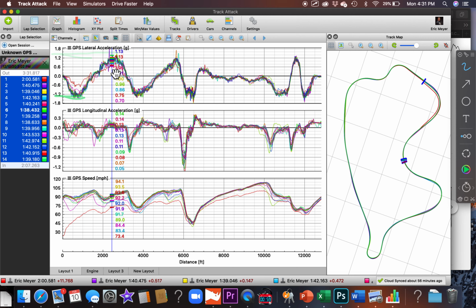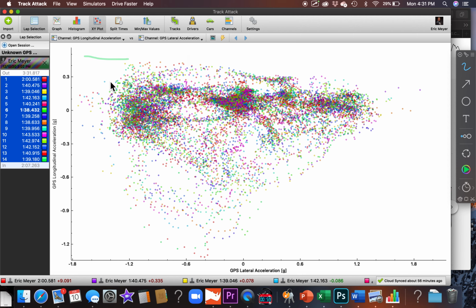This is where we, up here, this is our hands when we turn the wheel. Lateral G's, that's what this is showing right here. A little more than 1.2.